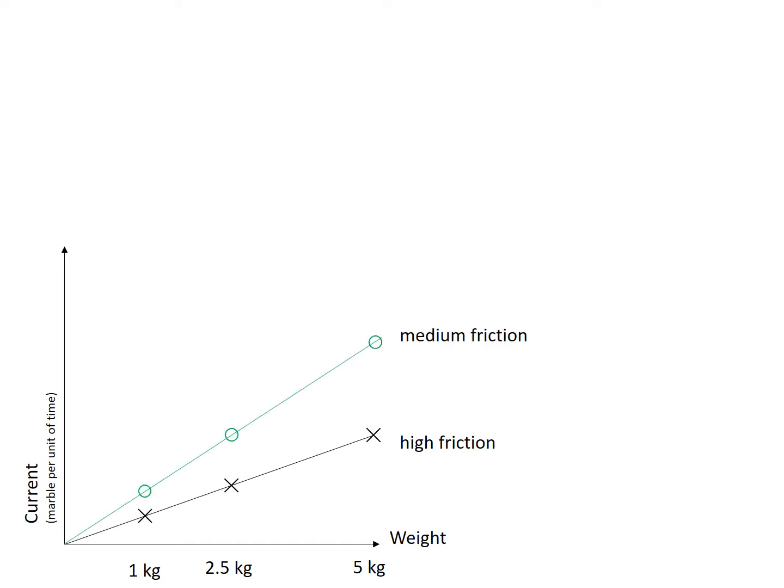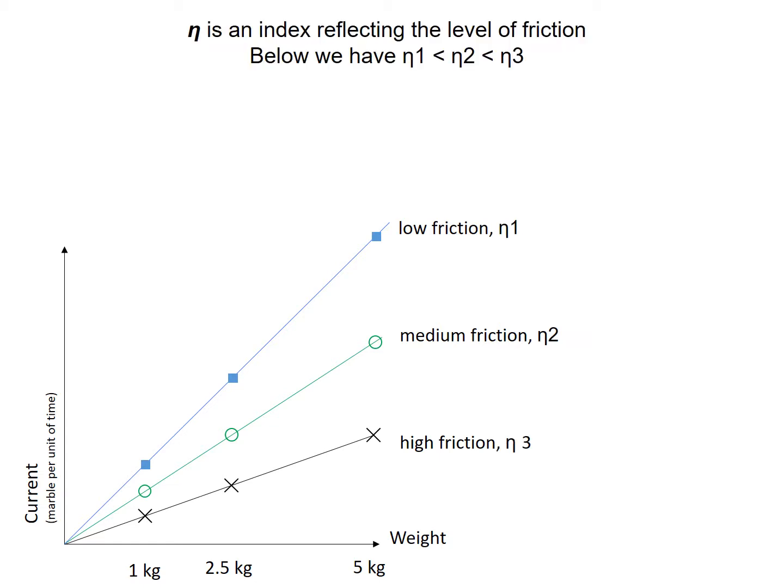We do the same with the medium friction case and remember that the currents were higher. And higher again for the current values of the low friction case. We can quantify the friction by creating an index called eta, eta1, eta2, and eta3 respectively for the low, medium, and high friction pipe. We have, of course, eta1 inferior to eta2, itself inferior to eta3.